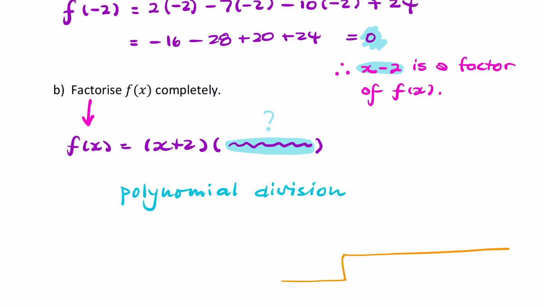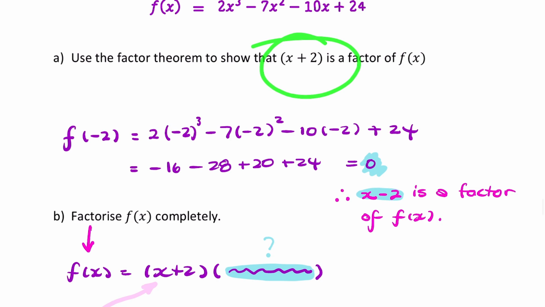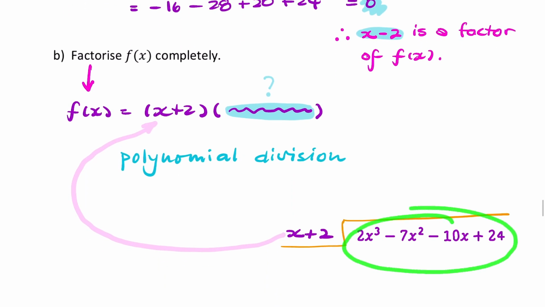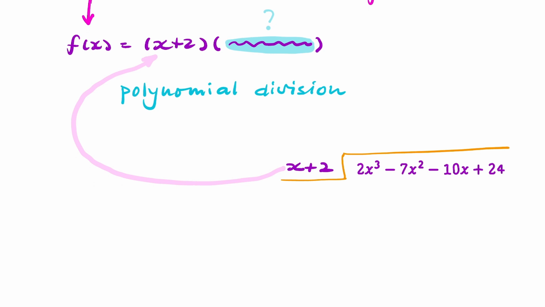So we need to divide f of x by x plus 2. X plus 2 is the factor that we found, or in this case we're given, and f of x is the polynomial. And in polynomial division, what you want to do is always divide the term with the highest power by the term with the highest power.